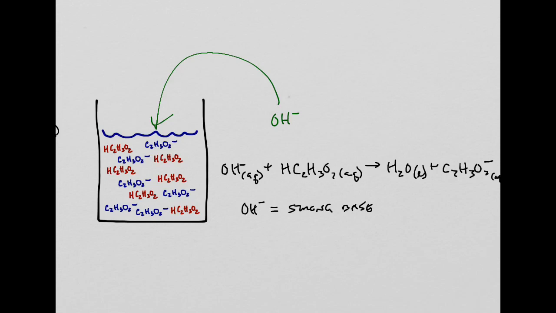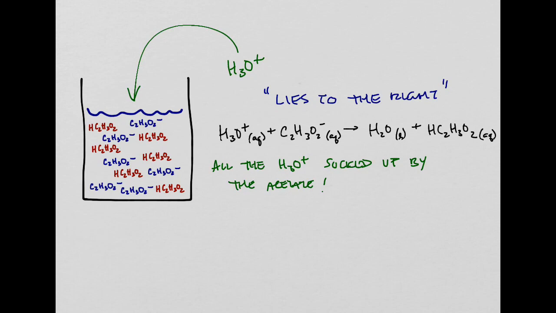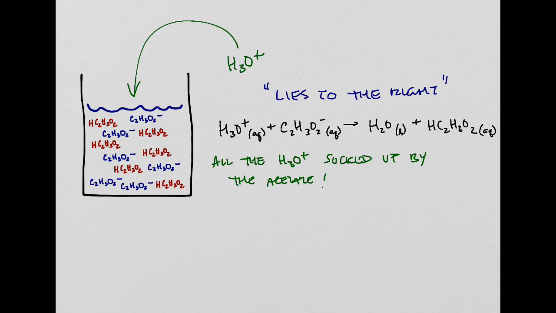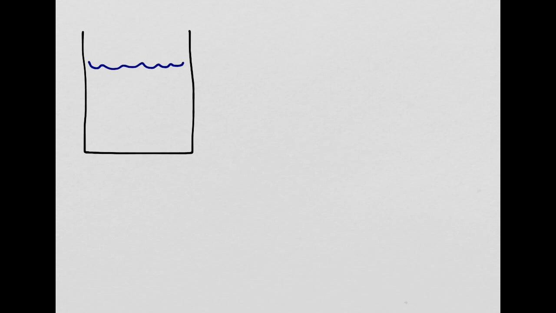But that does mean that there is a limited capacity for a buffer to be able to absorb the hydroxide, or in this case, because you need the acetate ion and you have a limited number of acetate ions, a limited capacity for it to be able to pick up and sponge up all the hydronium. And we refer to that capacity as, no surprise here, buffer capacity. Simply put, buffer capacity is the amount of base or acid that a buffer can neutralize before it's overcome by the excess hydroxide and the hydronium.